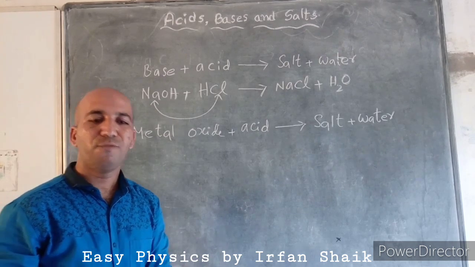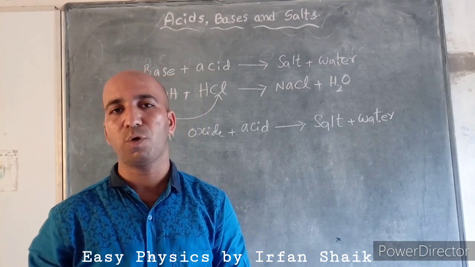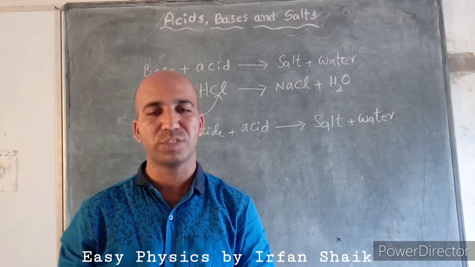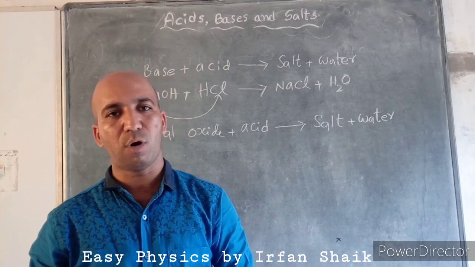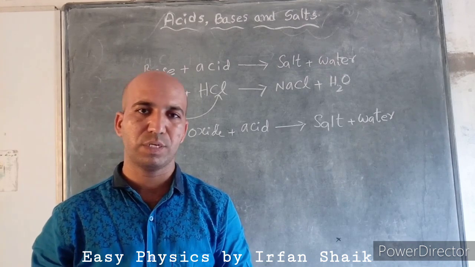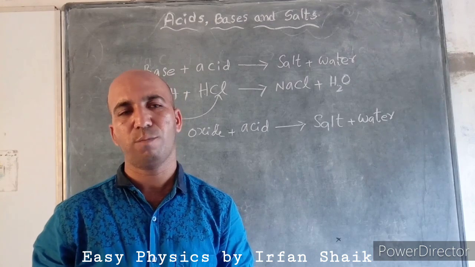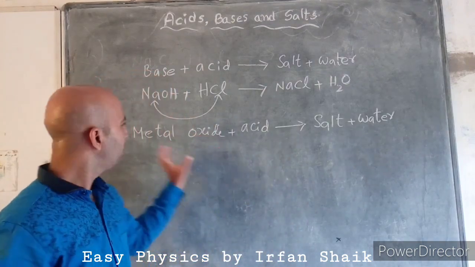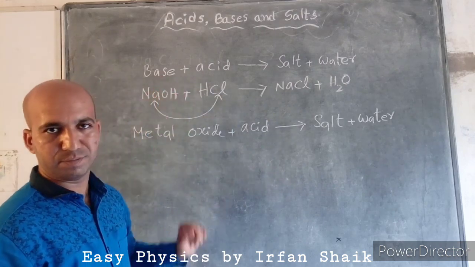Let us take a few examples: magnesium oxide, zinc oxide, iron oxide, aluminum oxide. These are all examples of metallic oxides. All metallic oxides are basic in nature. So by this we can easily conclude that the nature of metallic oxides is base.